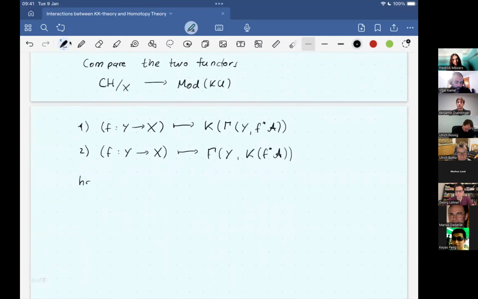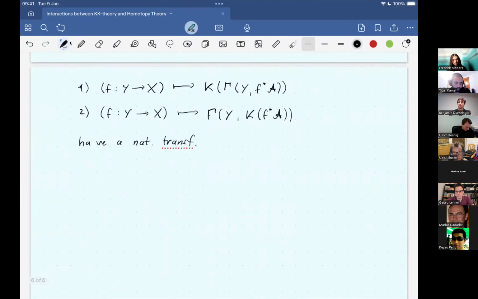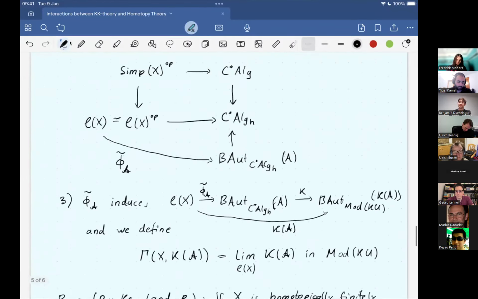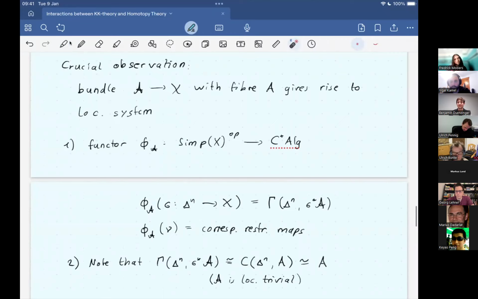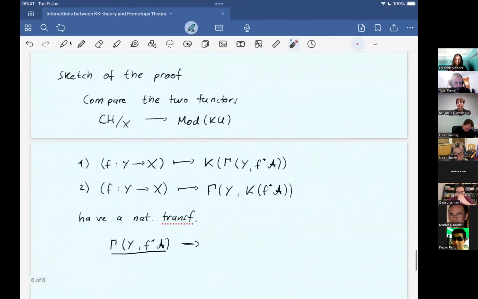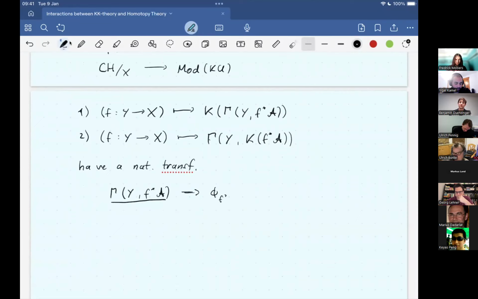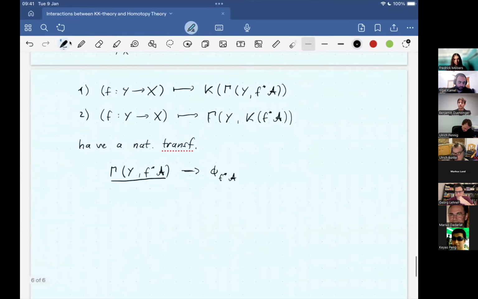Okay, so we have a natural transformation of functors on the simplex category, where one is the constant functor and the other one is this pre-sheaf that I've constructed here for the pullback, phi, but for f star. And that's just given by restriction, right?